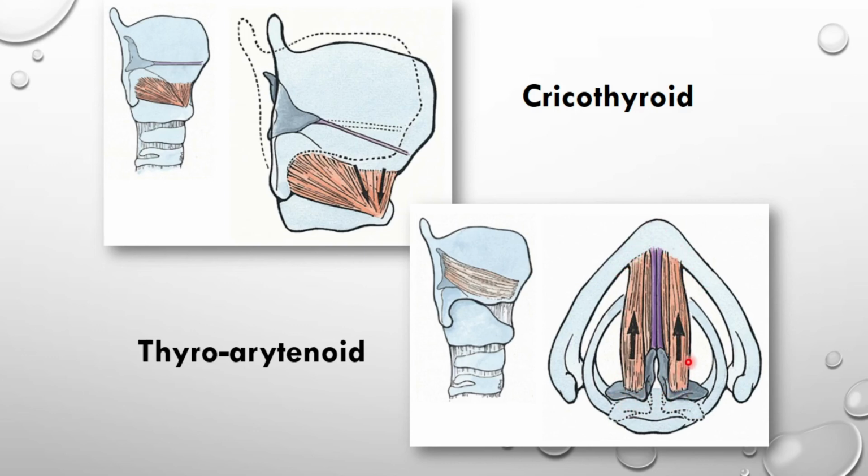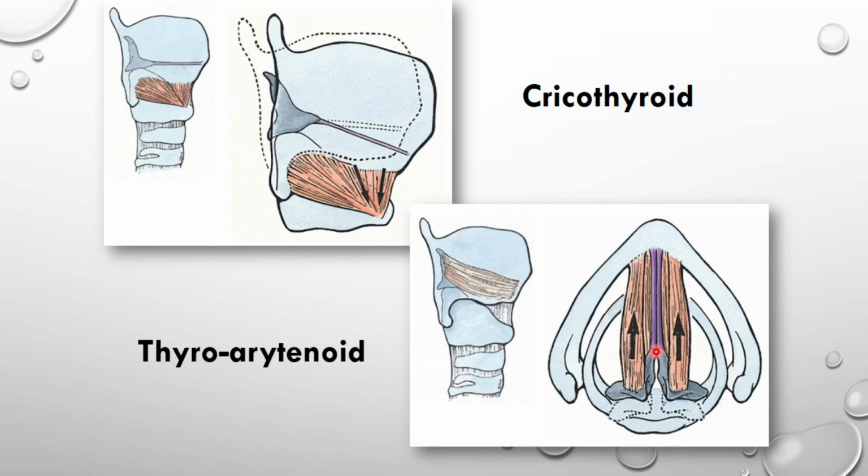And when this contracts, it actually pulls your arytenoid cartilages closer to your laryngeal prominence, where this muscle is attached. So it shortens your laryngeal folds, or your vocal folds. And this is supplied by the recurrent laryngeal nerve.